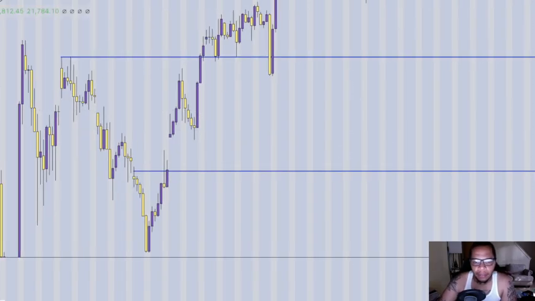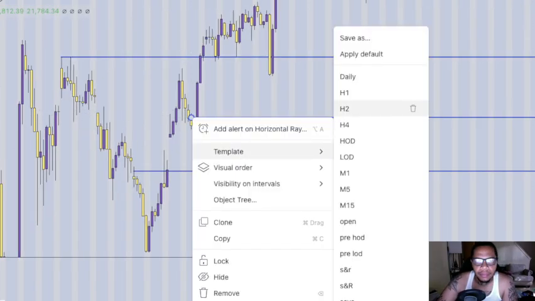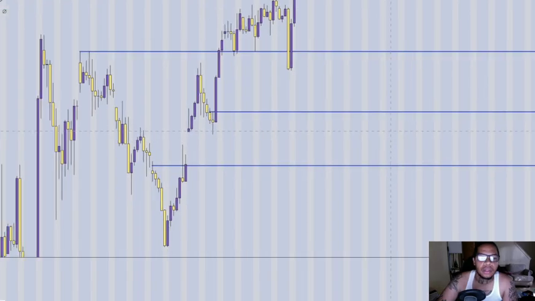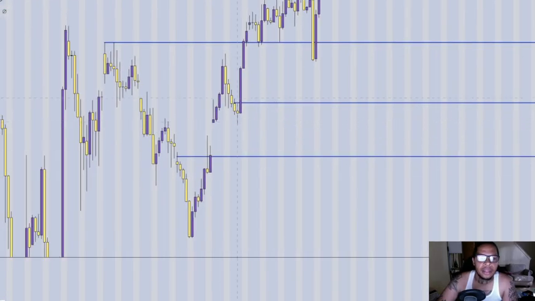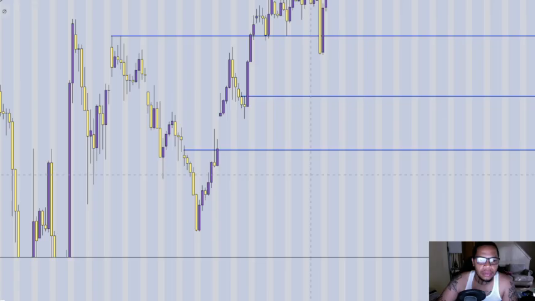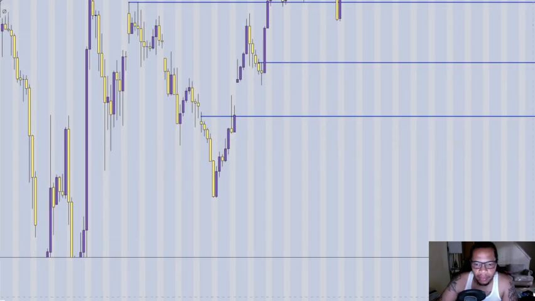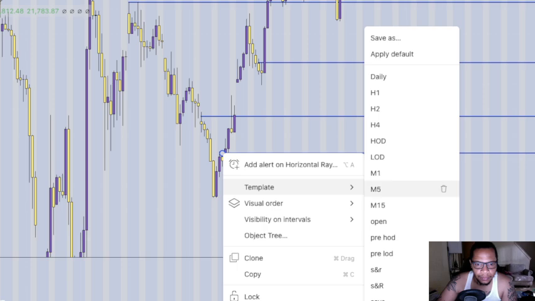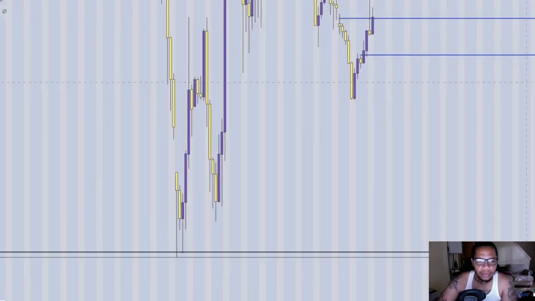All right, we got an area right here. H4. And you see how precise these areas are. Like, price really works from these areas. H4.